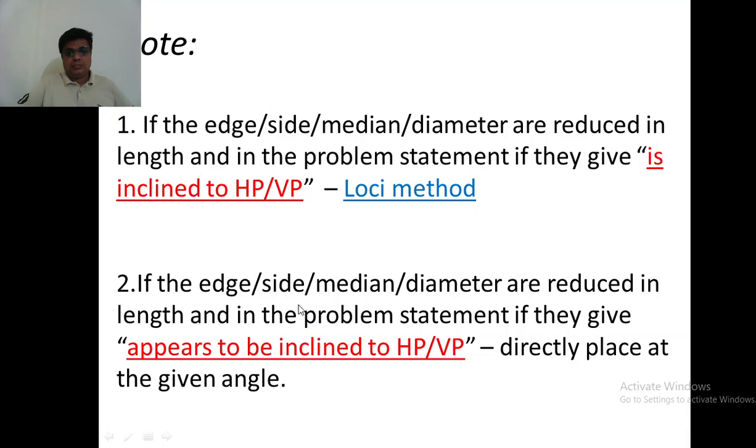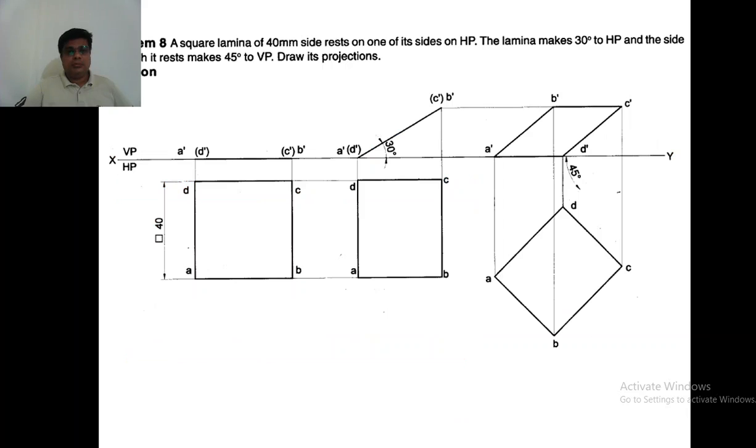And in the problem, if they give that it appears to be inclined, then directly you can place that side or median at that angle. No need to follow the loci method when they give appears to be inclined. So keep these points in mind, and this applies to all problems, no matter which shape the plane is. With these important points, now we will take one simple example of a square lamina.